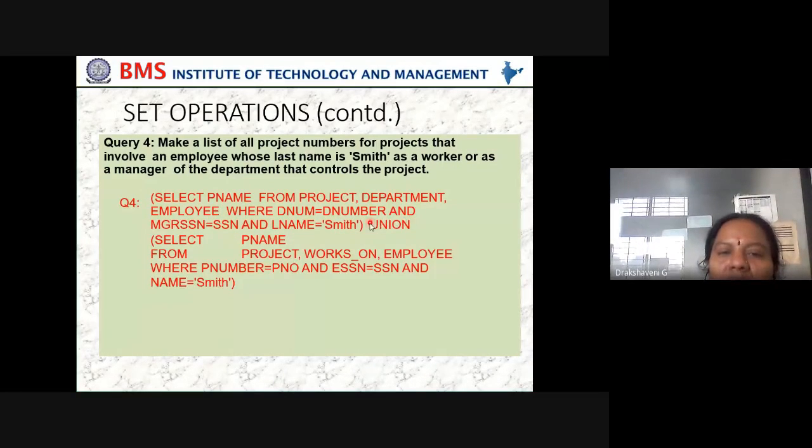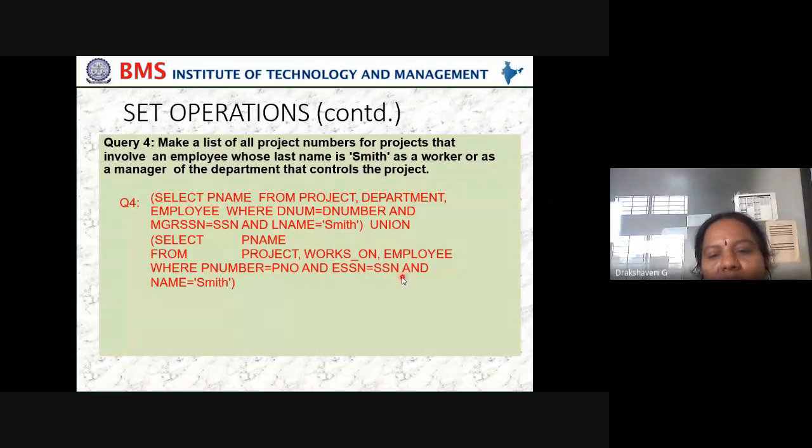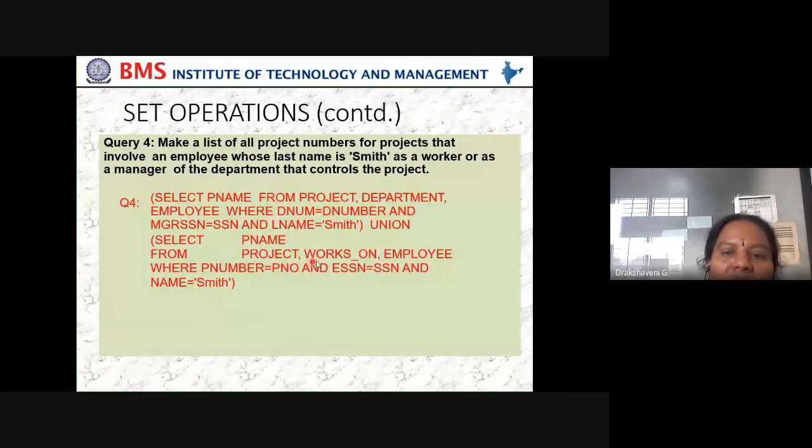Then union, select P name, project name from project, works on, employee where project number equals to project number and ESSN equals to SSN and name equal to Smith. That's what a union does, combining these two things.